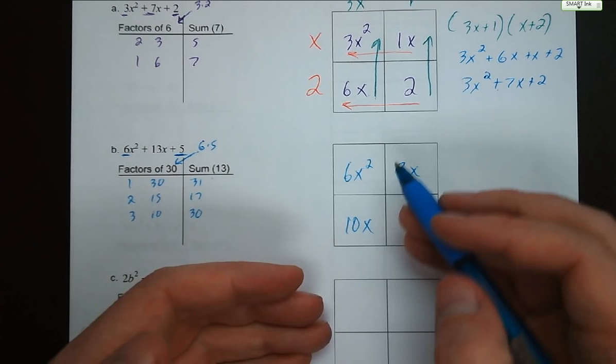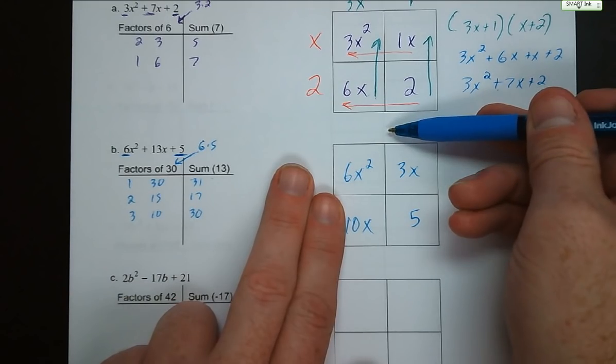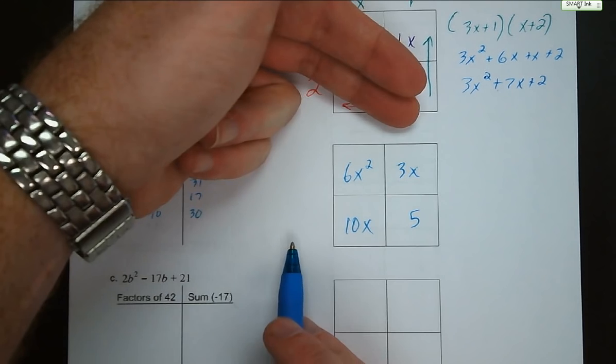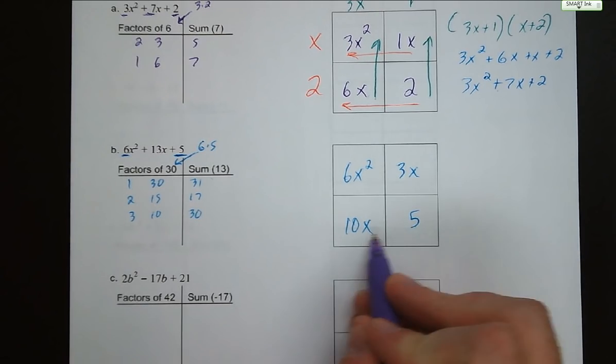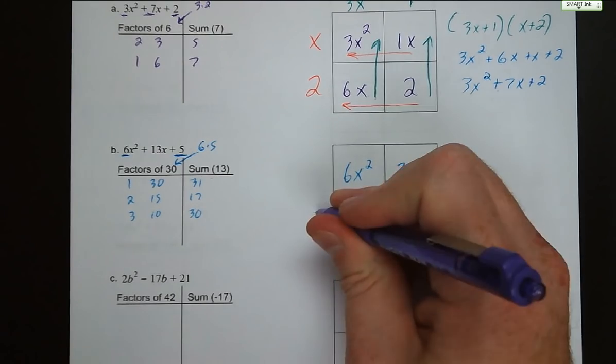They'll just mirror. If you put 10x up top and 3x down below, they would just flip places. You would still get the exact same factors. All right, so let's take a look at what our factors are. Our common factors in the bottom row, 10x and 5, well, they both have a 5.